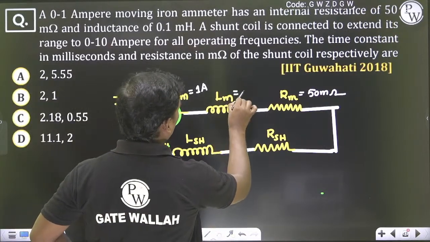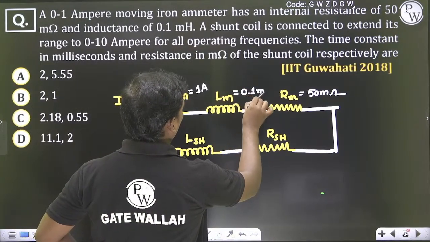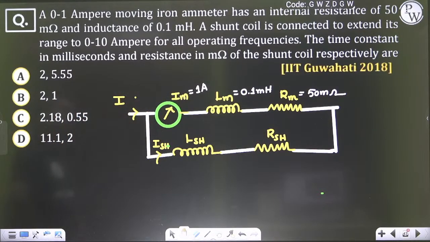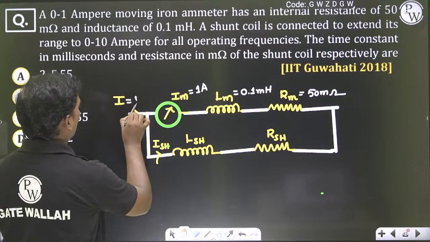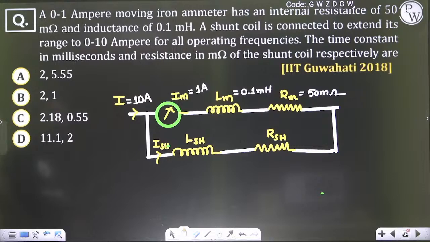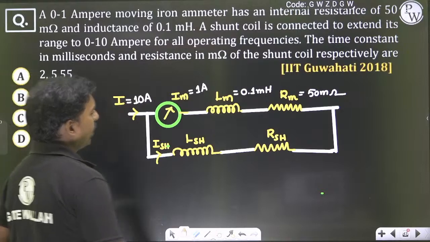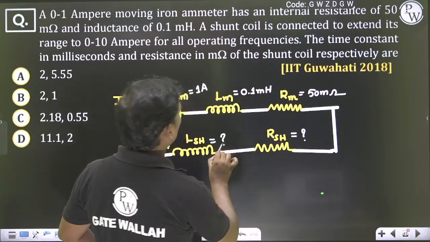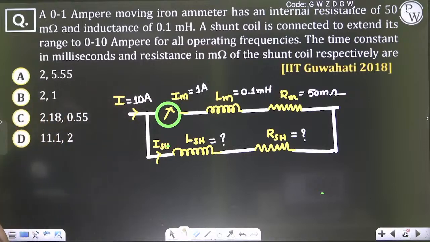A shunt coil is connected to extend its range to 0 to 10 amperes, so he wants to extend the range to 10 amperes. For all operating frequencies, the time constant in milliseconds and resistance in milliohms. First of all, we don't know the shunt resistance and we don't know the LSH. He is asking how to do this question.